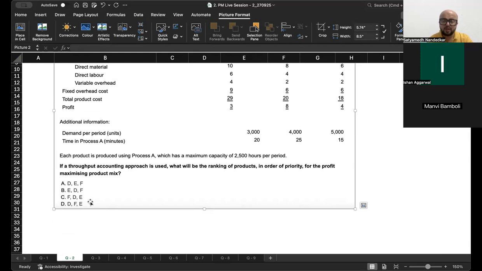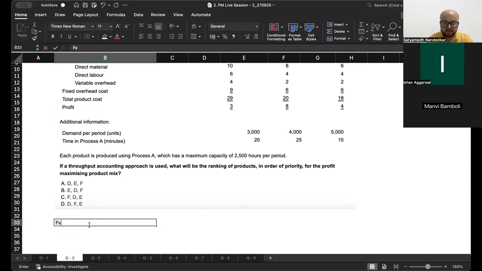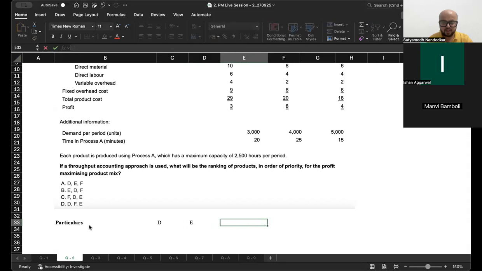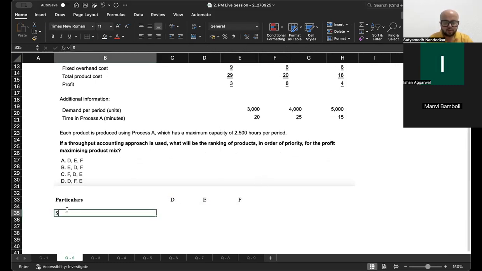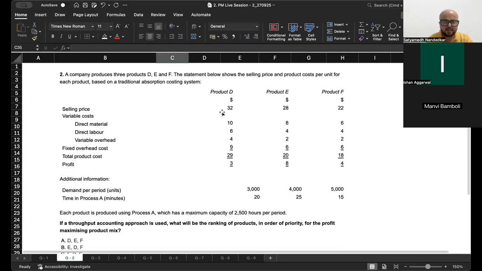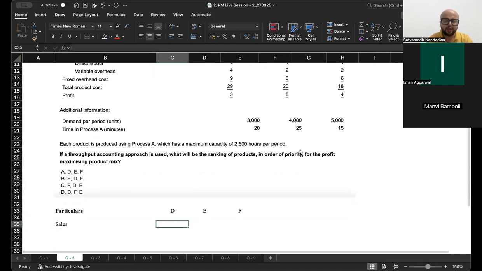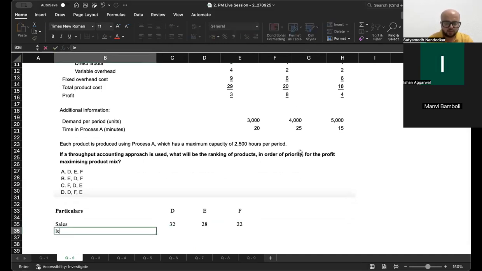Each product is produced using process A, which has a maximum capacity of 2500 hours per period. So, what is the limited resource? Time on process A is the limited resource, right? Yes. So, particulars D, E, and F. Sales: 32, 28, 22.